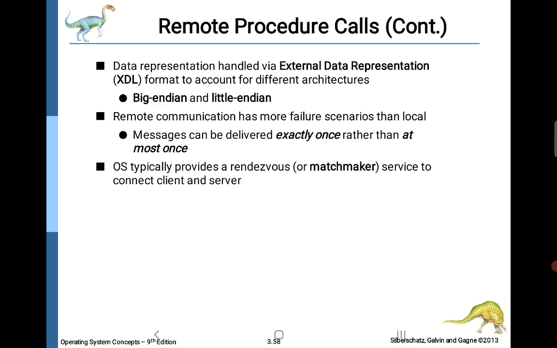For the second one to happen, there should be an acknowledgement from the server side. When I send the message, the server has to acknowledge that it has received the message. In the first case, there is no acknowledgement and I won't resend the message. In the second case, if I didn't get the acknowledgement, I will resend the message.